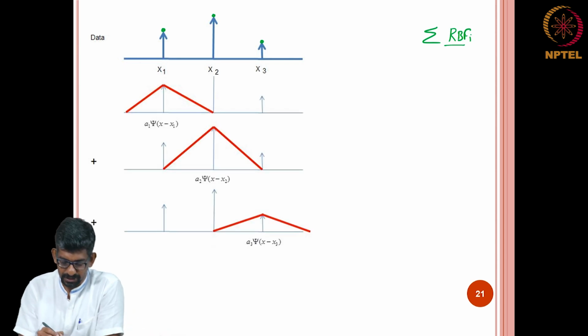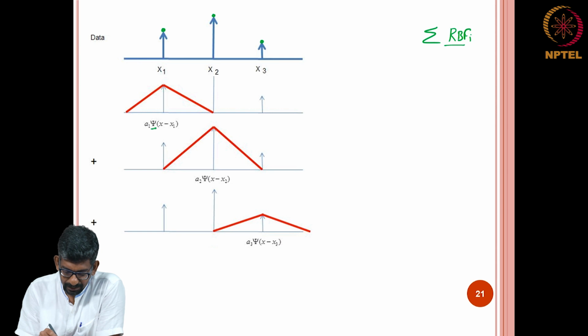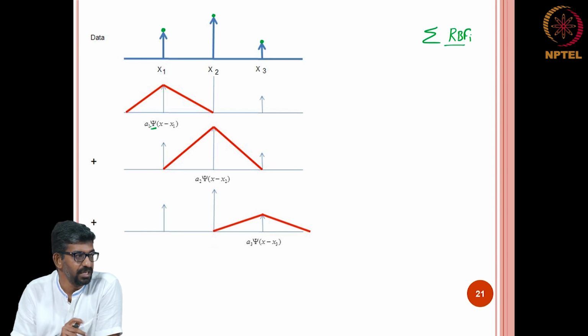For instance, this psi describes the form of my function. It is measured in terms of the x wherever you want to estimate minus the x1, along which you center your radial basis function.